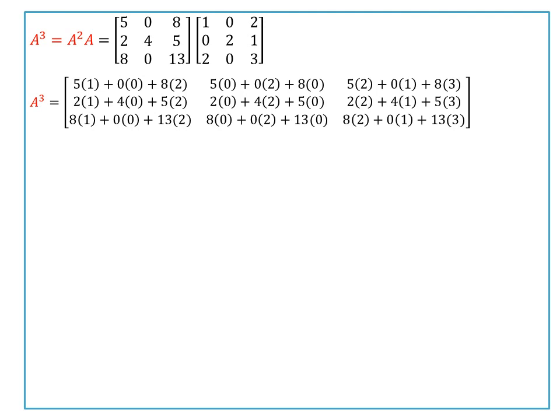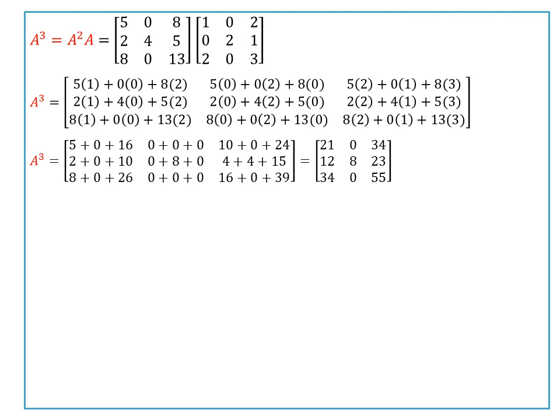Second row to the second column: 2 into 0 plus 4 into 2 plus 5 into 0. Second row to the third column: 2 into 2 plus 4 into 1 plus 5 into 3. Third row to the first column: 8 into 1 plus 0 into 0 plus 13 into 2. Third row to the second column: 8 into 0 plus 0 into 2 plus 13 into 0. Third row to the third column: 8 into 2 plus 0 into 1 plus 13 into 3.